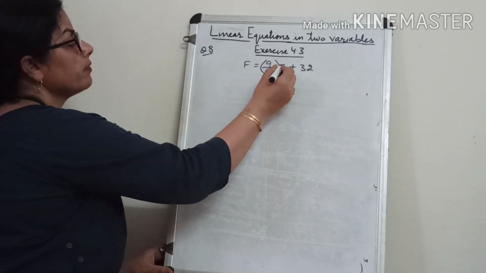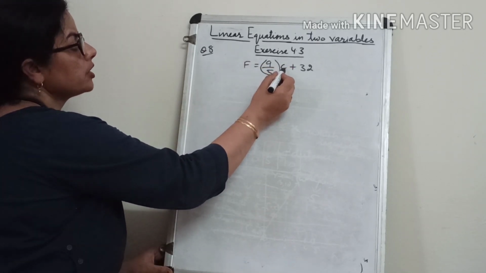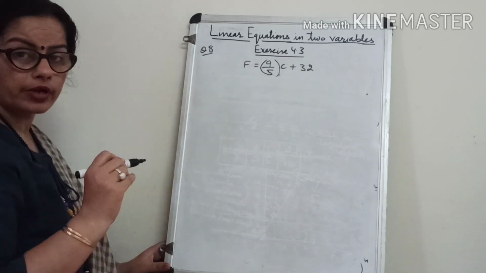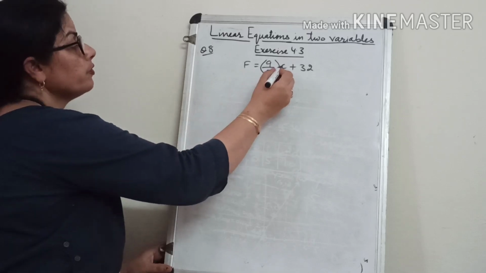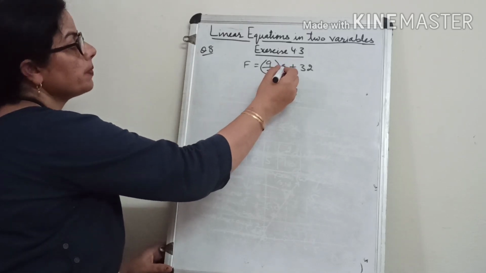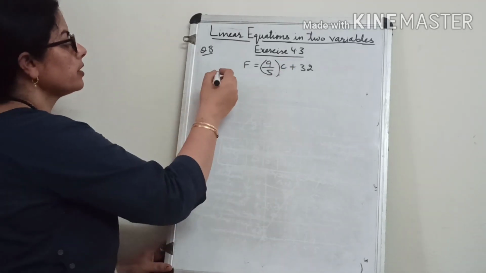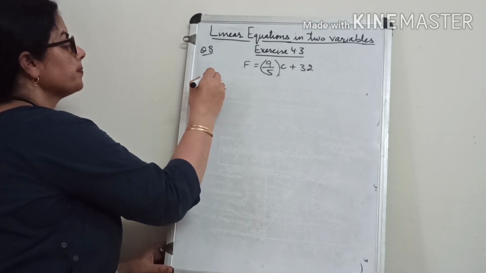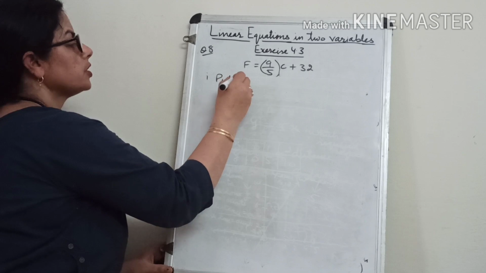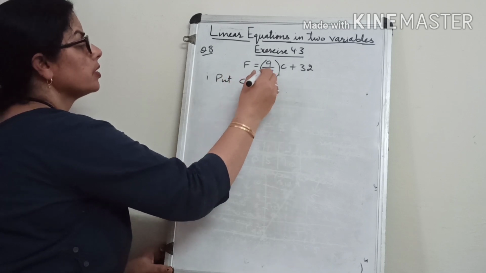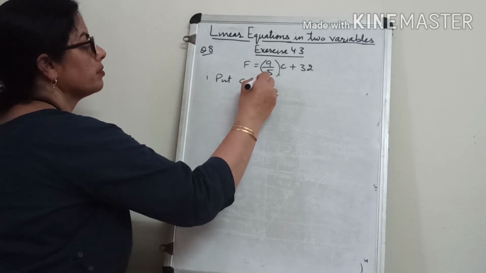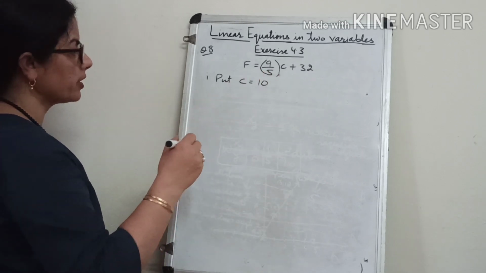See, the value of F depends on C. If you put the value of C, after calculation you will get the value of F. Which value of C should we take? A multiple of 5, so that no decimal will come here. So let us put C equal to 10. If C is 10, see what will come.